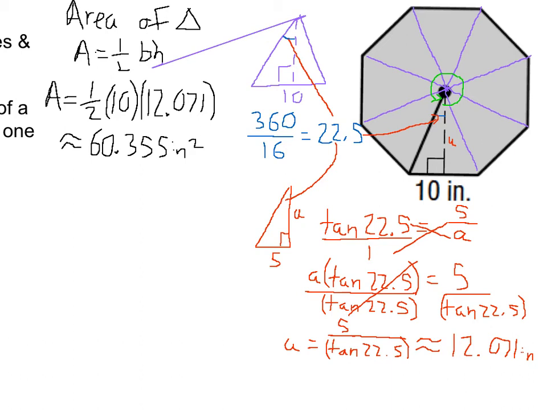But each one of these purple triangles that we just found the area of represents just part of the octagon.